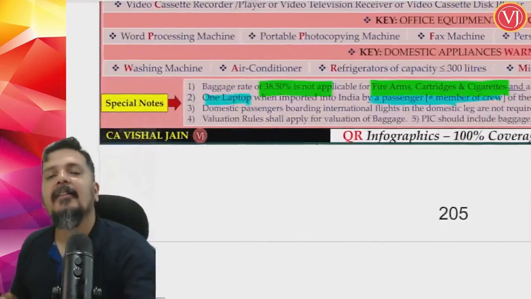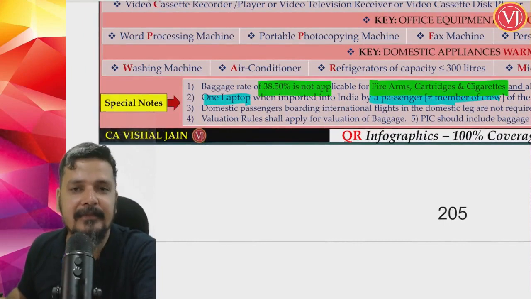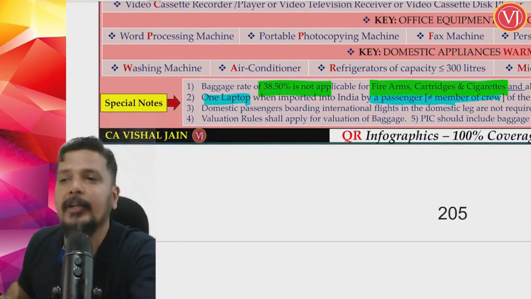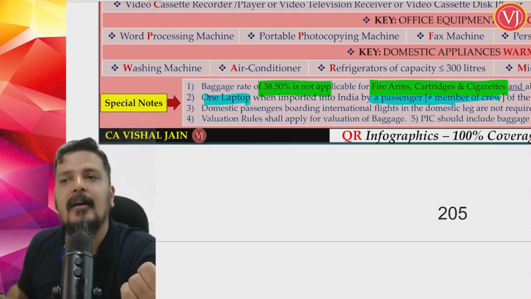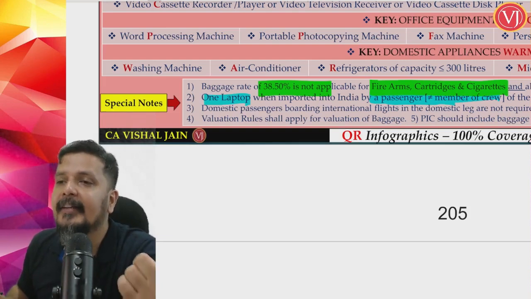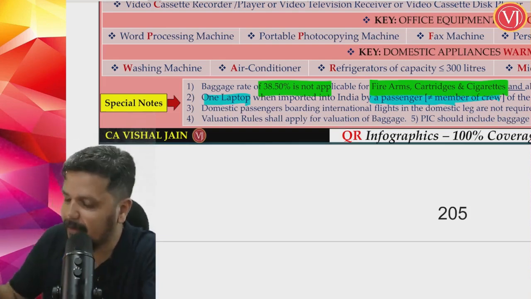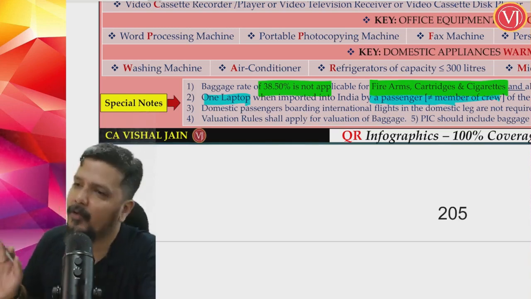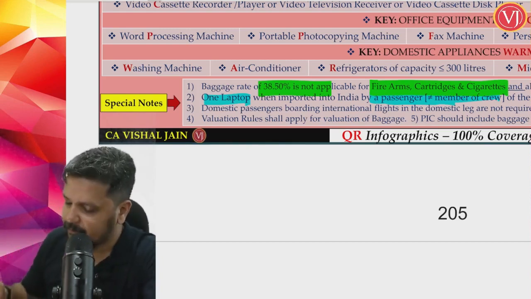Then there is an extra exemption apart from Rule 3, Rule 4, which means you do not use the limit of Rule 3, Rule 4 or Rule 6.